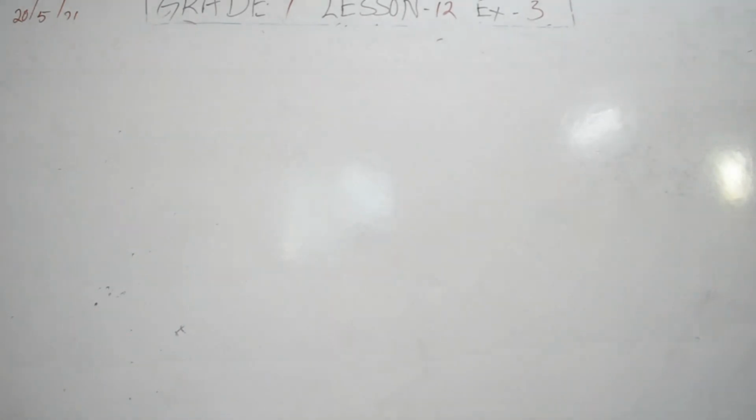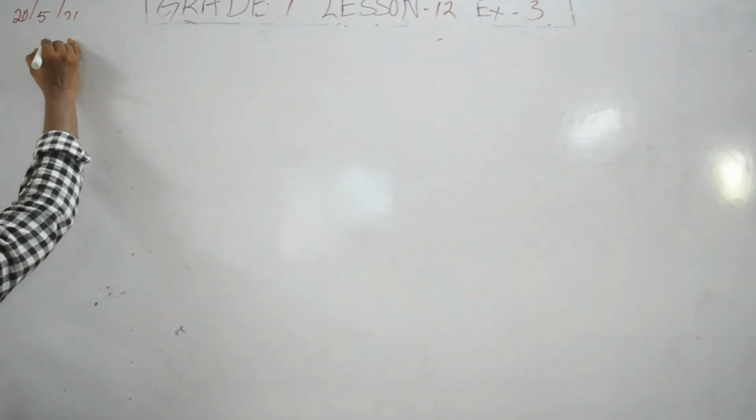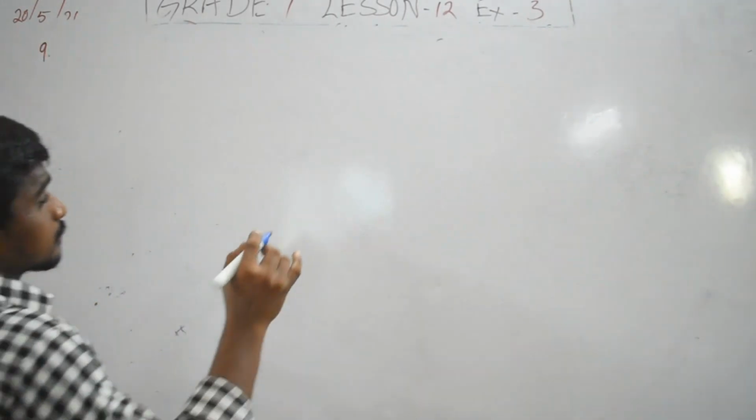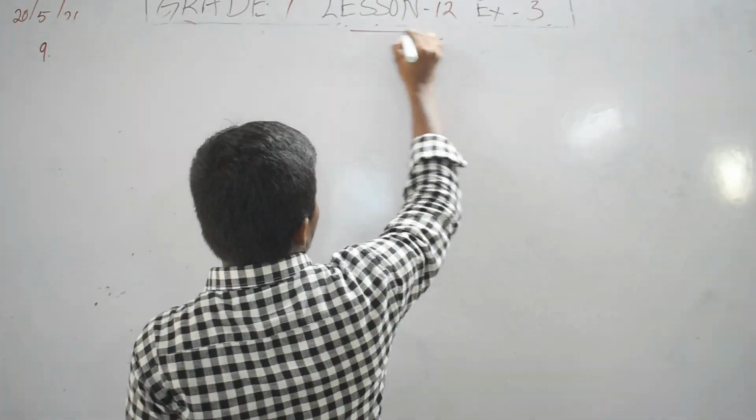Ninth one. The area of the triangle is equal to the area of the rectangle whose length and breadth are 20 and 15. Calculate the height of the triangle if its base measures 30 centimeters. Here, ninth one, a rectangle is given.